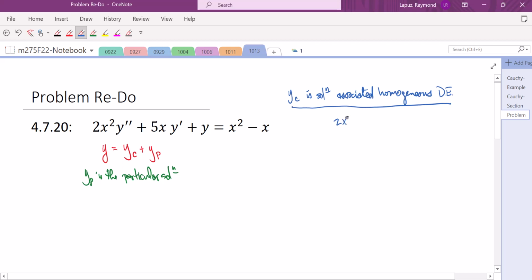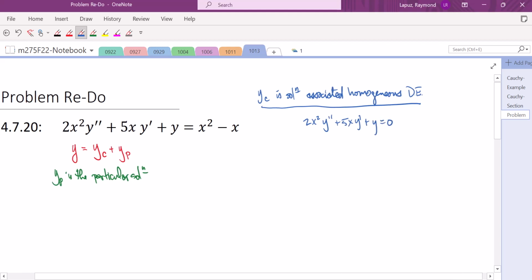We have 2x squared y double prime plus 5xy prime plus y is equal to 0. And if you remember, we assume that our solution is going to be y is equal to x to the m, and then we'll find values for m. So in preparing to solve for this with our assumption, we'll take a couple of derivatives to put back into the original differential equation.